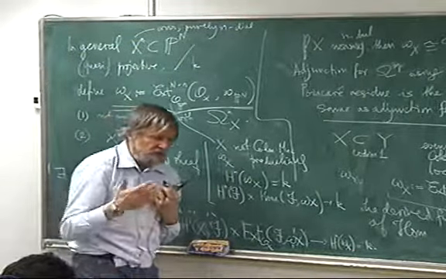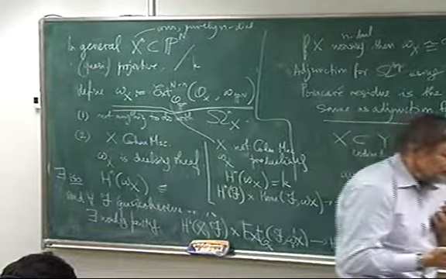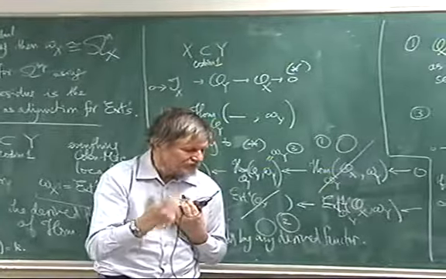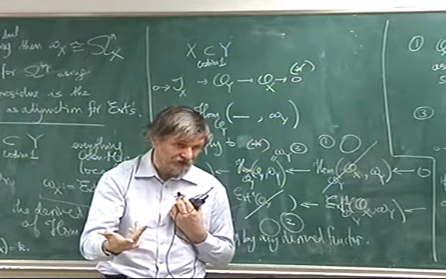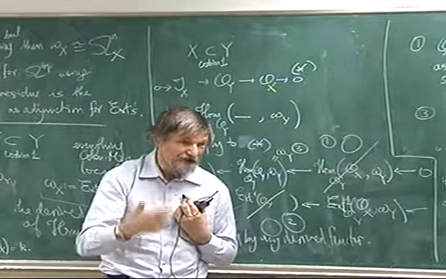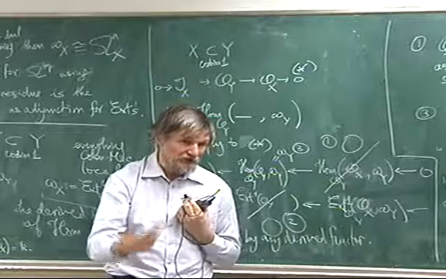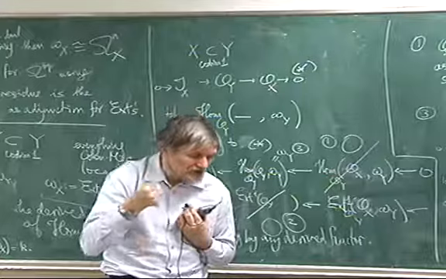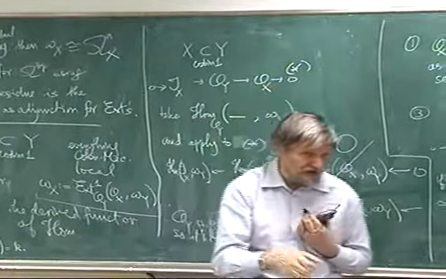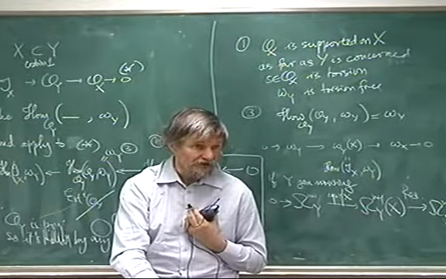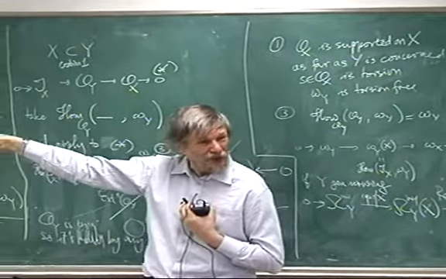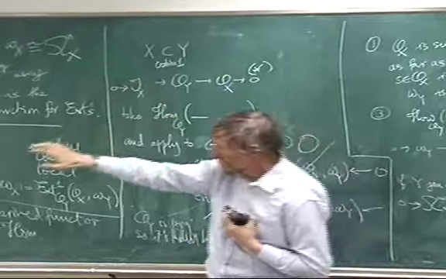Suppose X is a variety that has components of different dimension. Then you can't expect to have a duality that happens only in one dimension, so you have to have some assumption. Gorenstein does this, or Cohen-Macaulay does this. If you don't have Cohen-Macaulay, then you still have a dualizing complex.